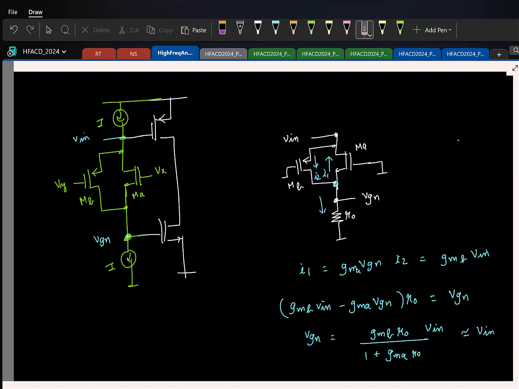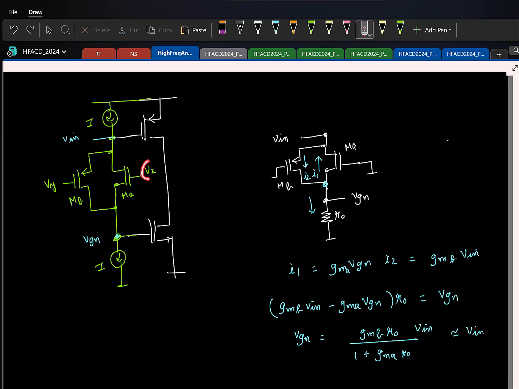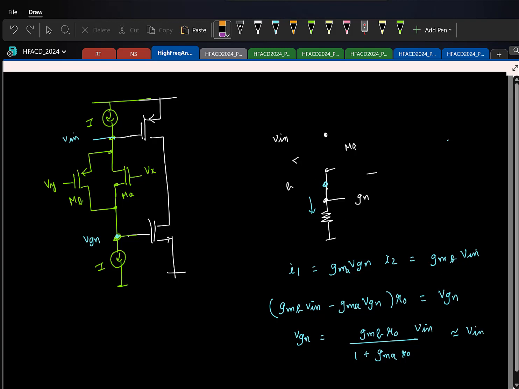So again, one last point here is how do you generate this voltage Vx/Vy? It's pretty straightforward. See, the voltage Vx is basically supposed to be 1 VGS plus 1 more VGS, right? Basically, I need to have 2 VGS drops. Let us say I have the two transistors matched. How can I generate a voltage which is 2 VGS dropped?